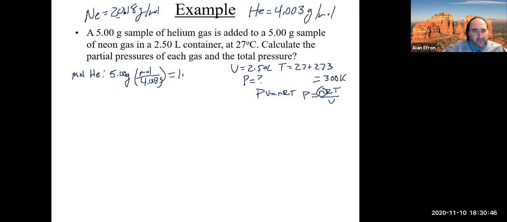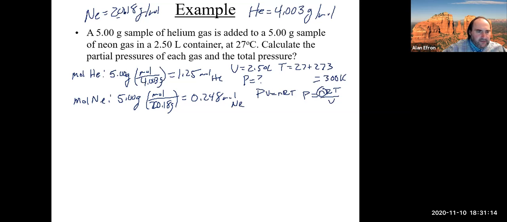That's going to give us something like 1.25 moles of helium. We could also do the exact same thing for our neon. We're going to take our 5 grams of neon and divide it by its molar mass of 20.18. Grams are going to cancel, giving us 0.248 moles of neon.